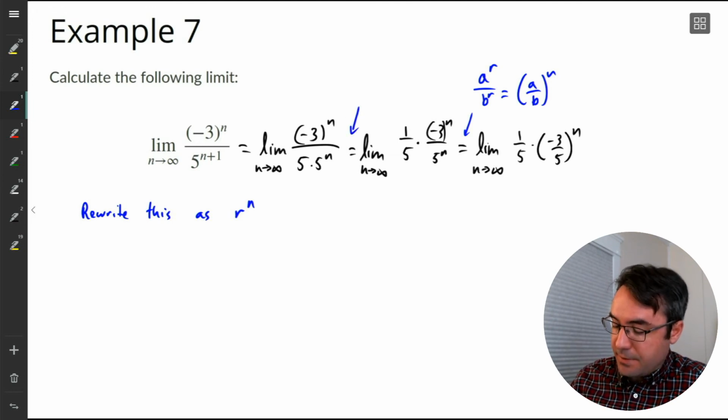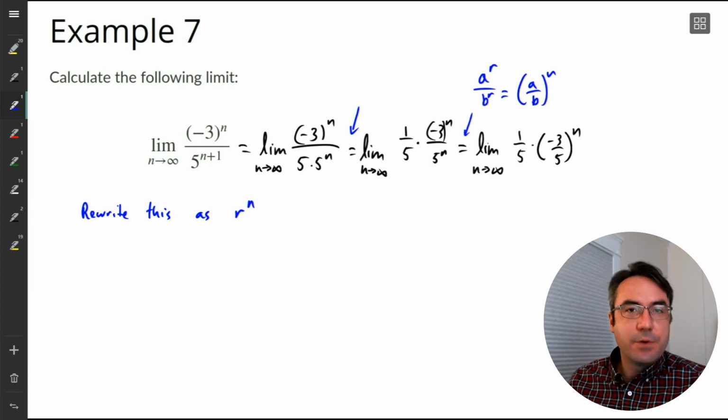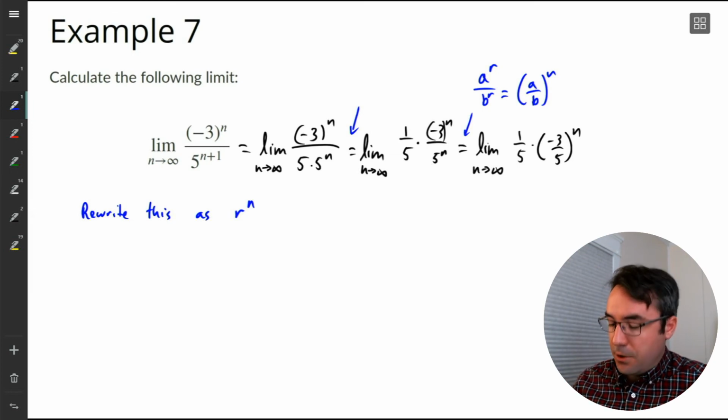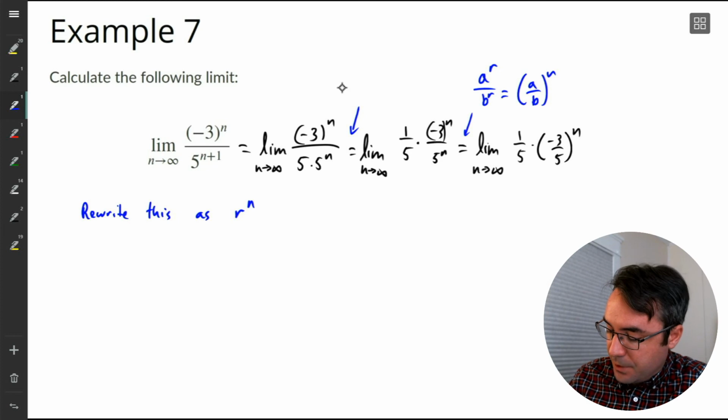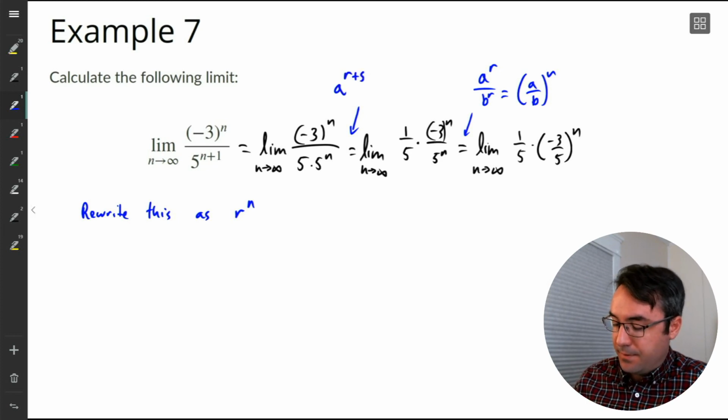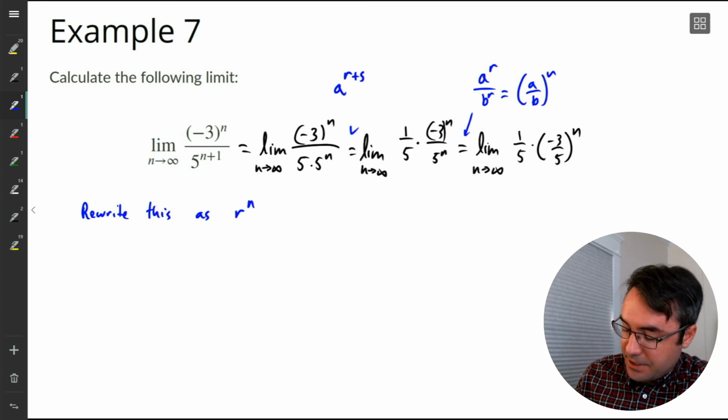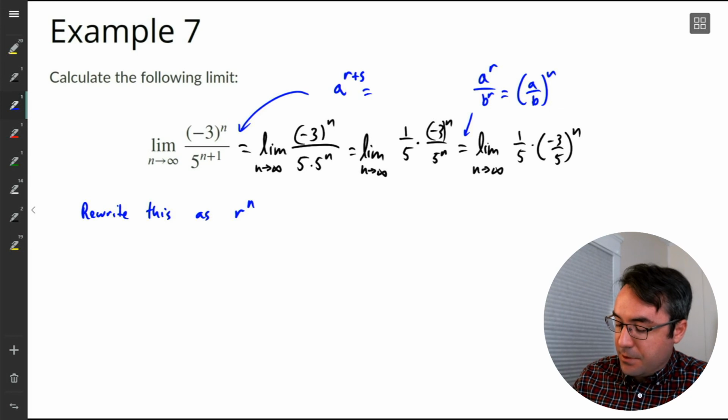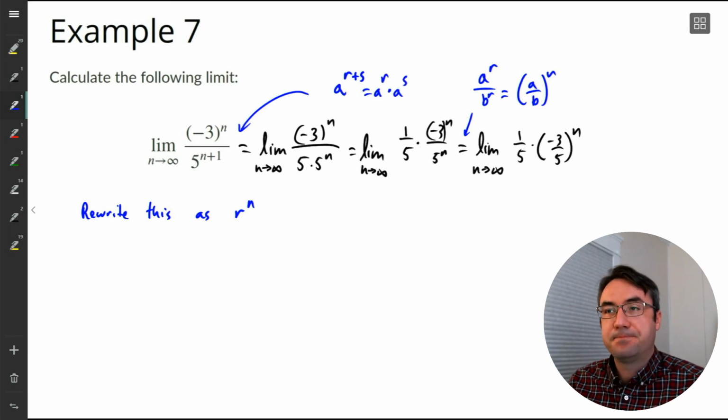It's helpful to remember these exponent rules. When we have some number a raised to the r plus s, that's equal to a to the r times a to the s.